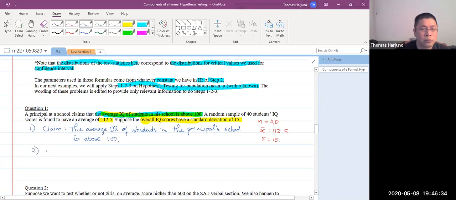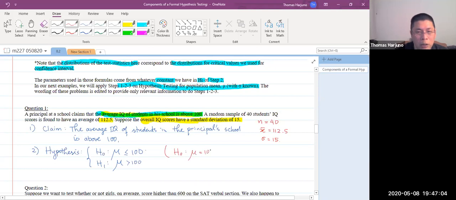Step 2, hypothesis. Alternate hypothesis: mu is greater than 100. Therefore, the null is mu less than or equal to 100. Let me say it again: if you write null hypothesis mu equals 100, it is okay.